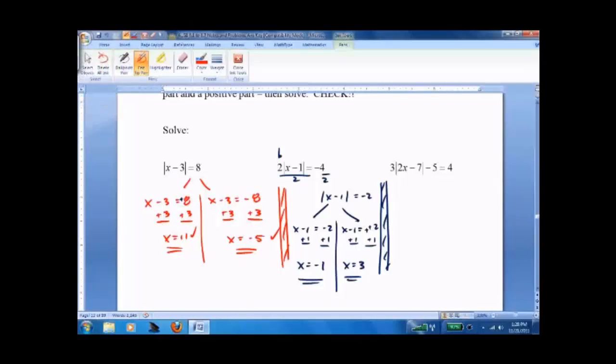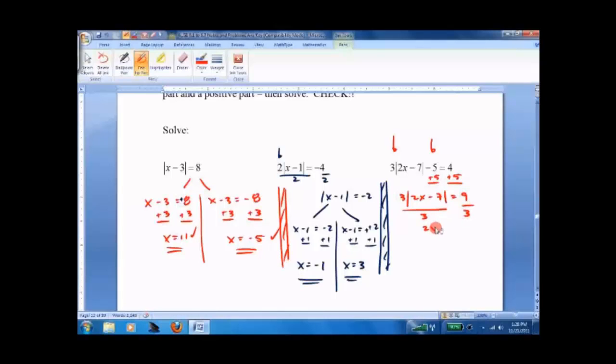Looking at this next one, we have to deal with the -5 and the 3. Well, since equations, we do the plus minus first. Let's add 5 to both sides. 3 times the absolute value of 2x minus 7 equals 9. Still not having the absolute value alone means we have to divide by 3.